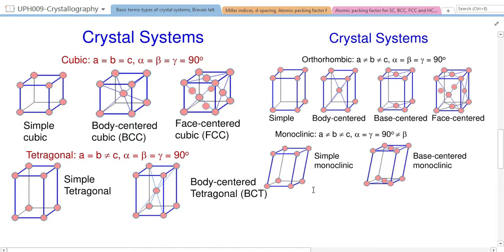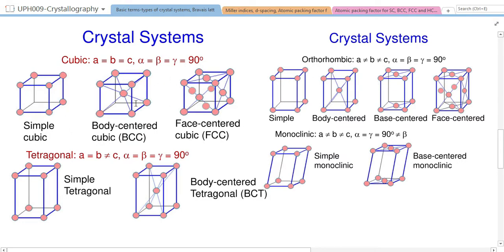So here, the first three are with A, B, C, all are equal. Let's say A is equal to B is equal to C is equal to 1. And alpha, beta, gamma, all are equal to 90. So when these two conditions are satisfied, then you get one type of crystal system, and that is called cubic crystal system, right?